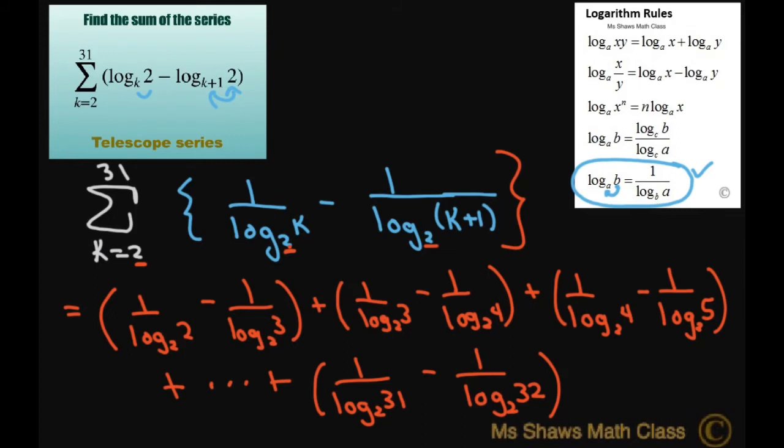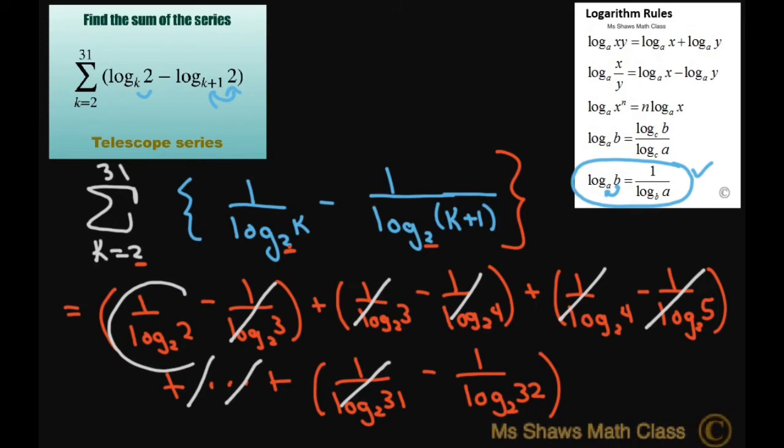So what we're collapsing is the last term with the first term, the last term with this first term, and this last term with this first term. So what we're left with is these two, this one minus this one.